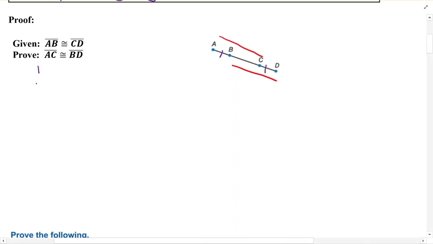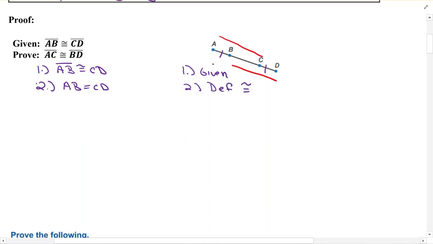As always, we start with the given. AB is congruent to CD, and that's given. We need to change that to an equality. AB equals CD, which is the definition of congruence. We have to bring BC into our argument.